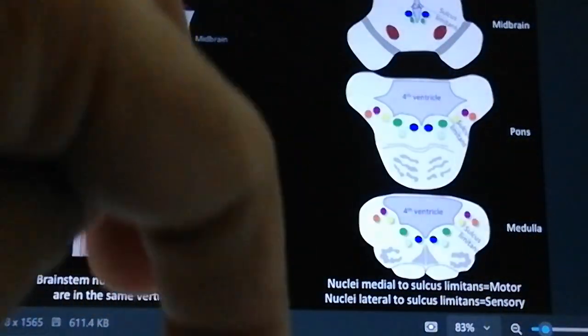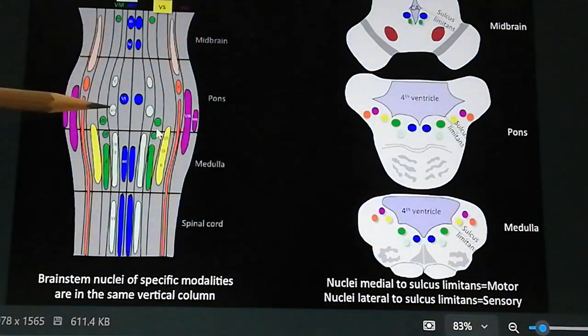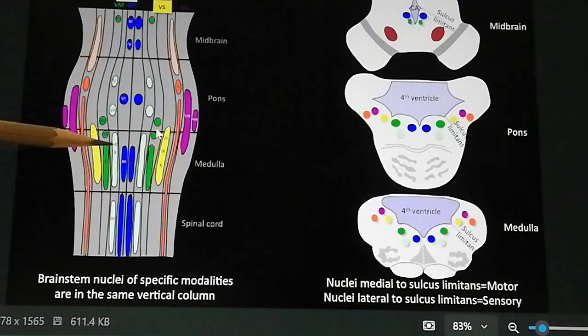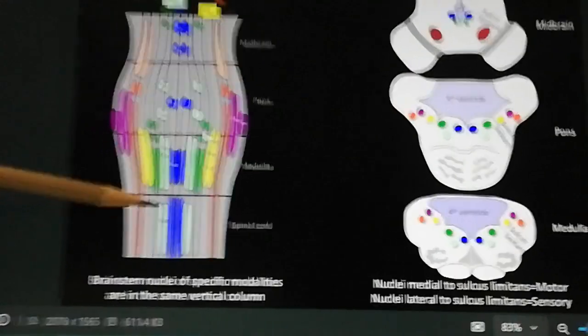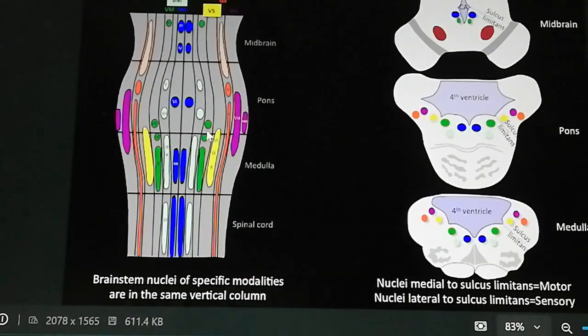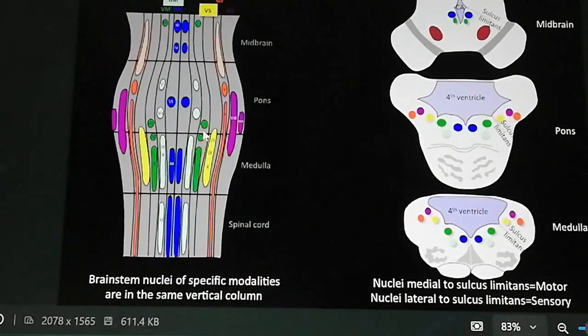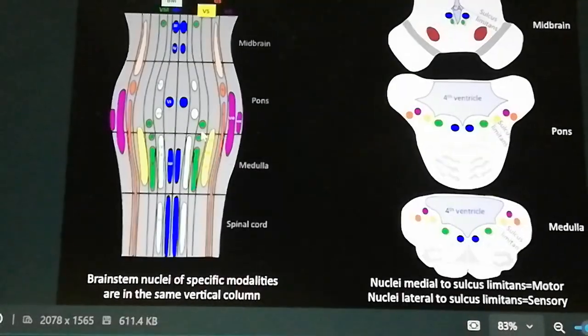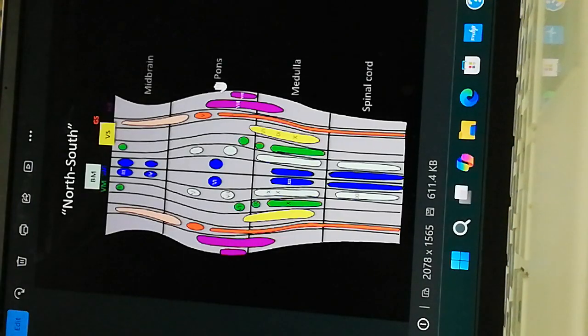Now next to them, laterally, you see the fifth cranial nerve nuclei in the pons, the seventh cranial nerve nuclei. After this seventh, we can have in the same column the 9th and the 10th cranial nerve, and of course the 11th cranial nerve. So, let me show you a bigger view of this.